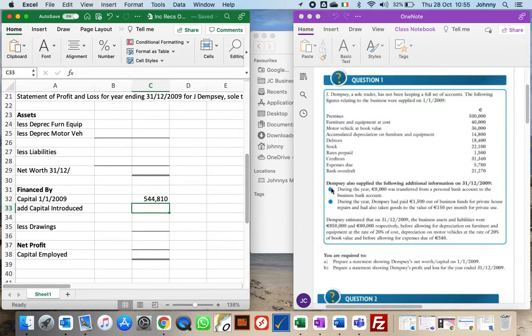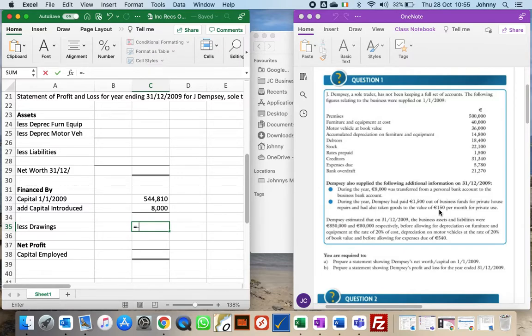So we start off with during the year 8,000 was transferred from a personal bank account to a business bank account, so that's capital introduced, so we're going to add that on. Dempsey had paid 1,500 out of business funds for private house, that's drawings, I'm going to take that away. And he had taken goods valued 150 a month for private use, so they're all going to be drawings.